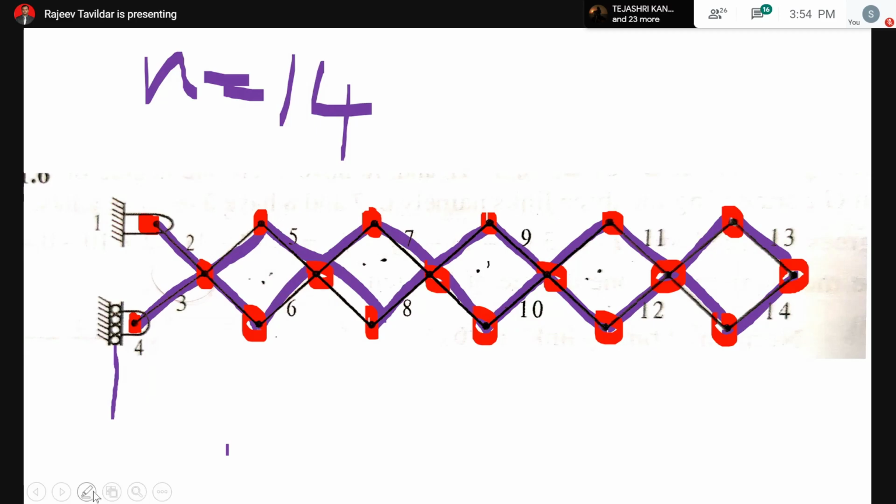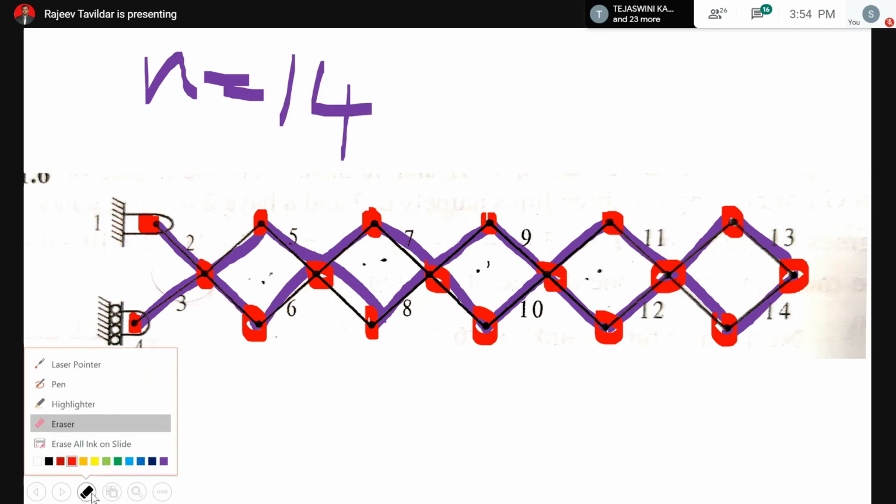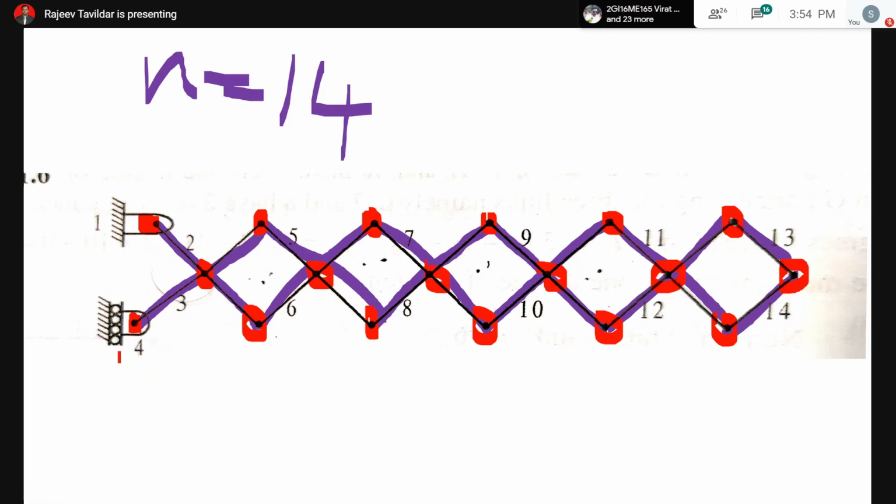What about any other joints remaining? I need to show the joint between link 4, that is the rollers, and link 1, that is fixed. So we have one more joint over here that I'm marking with red color. So this is the joint.